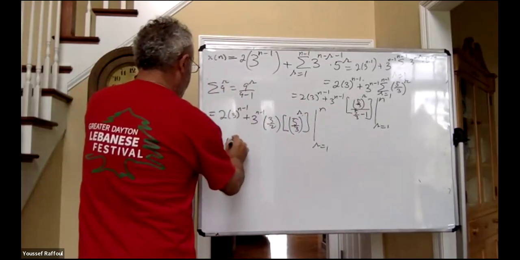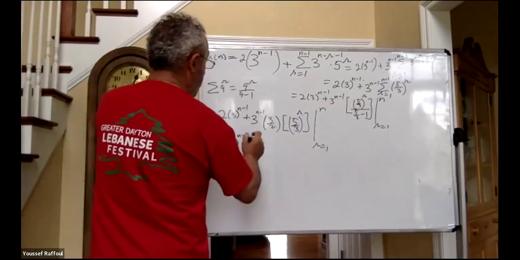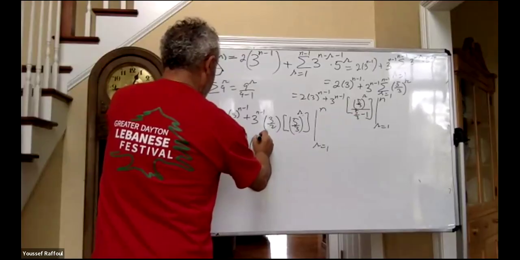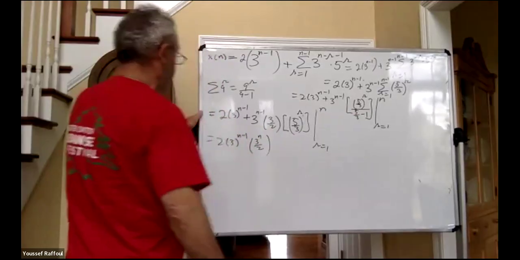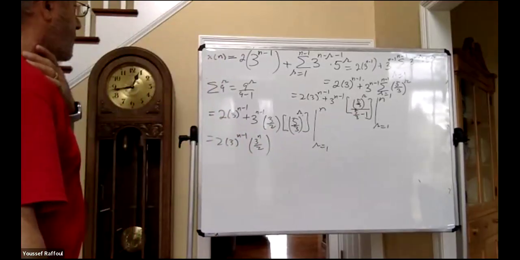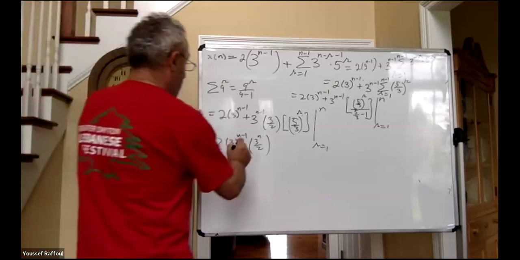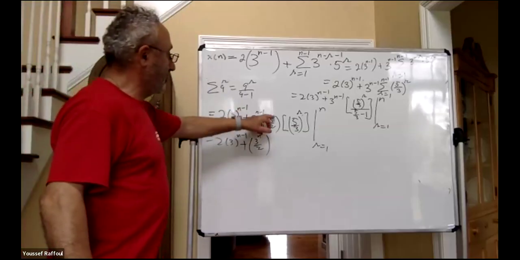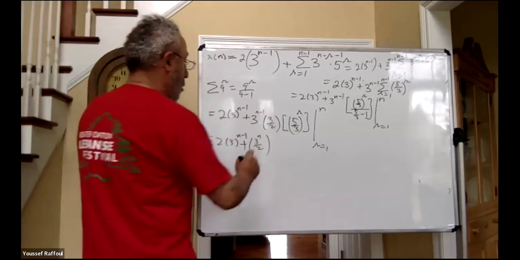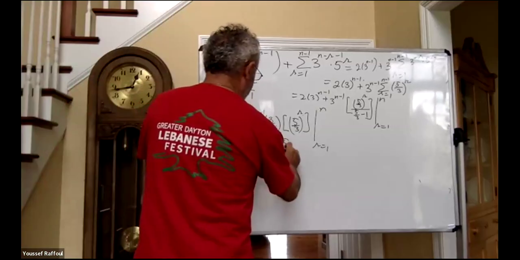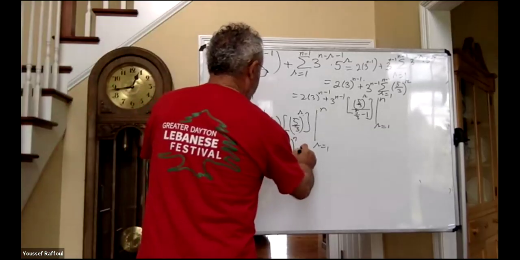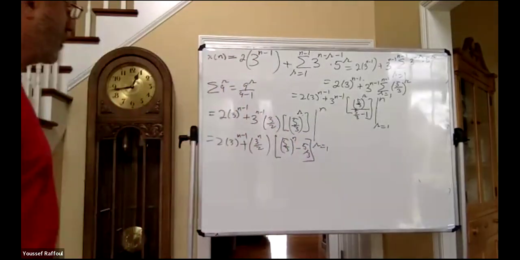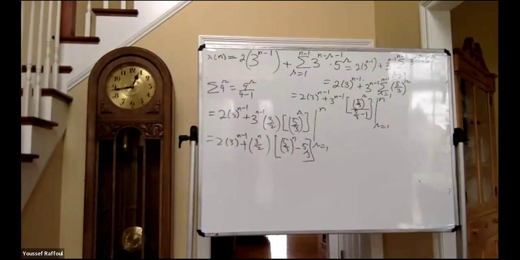So this is 2 times 3 to power n minus 1 times 3n over 2, okay? Plus 3 to power n of 5/3 to power n minus 5/3. There. Okay? So that is your answer.